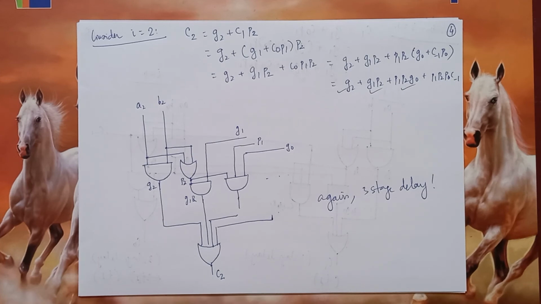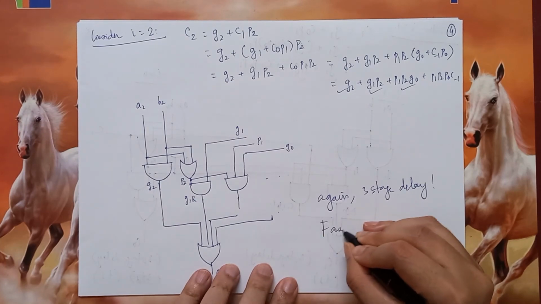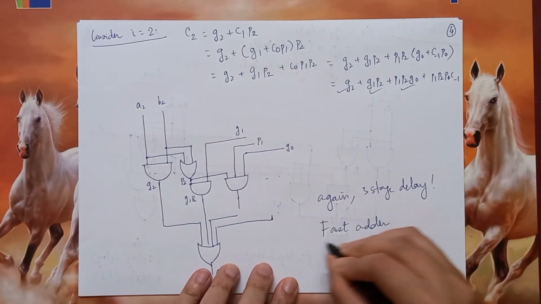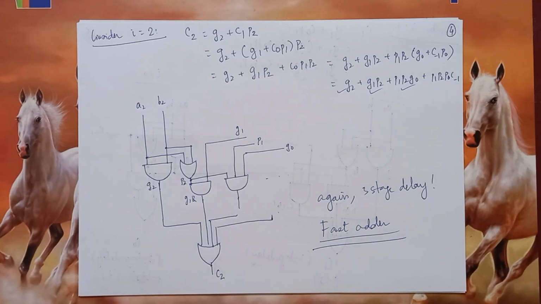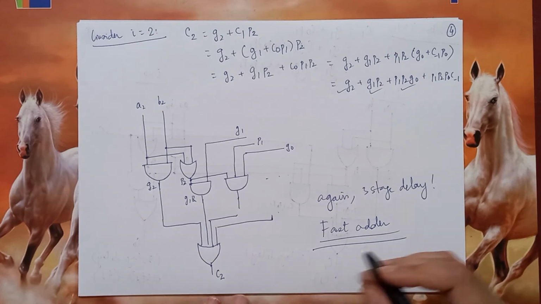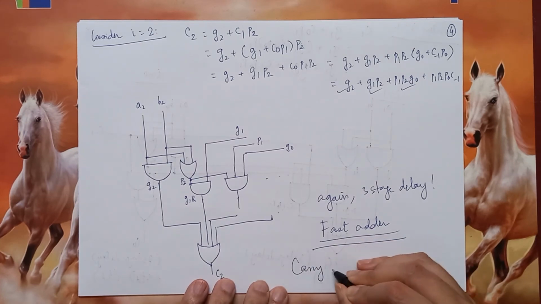So therefore, this kind of adder is a fast adder. And this technique, where we are essentially achieving fast addition by trying to predict the carry using the Gi and Pi terms, is called a carry look ahead adder.